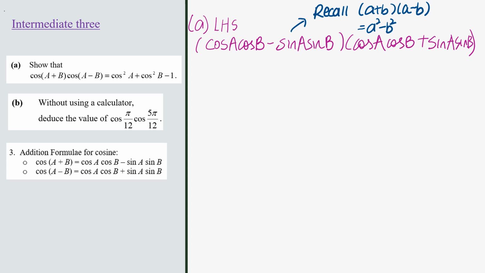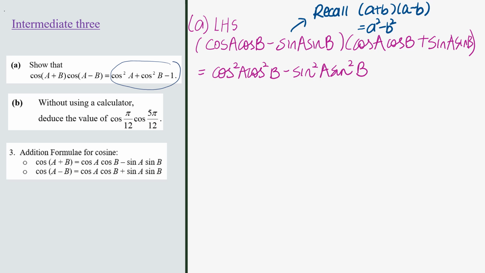So from here, what you'll be getting will be cos squared A cos squared B minus sin squared A sin squared B. Alright, so it's very important that for proving or showing, we must have an idea of what we are getting at in the end. And if you look at what we're supposed to get in the end, it has just the trigo functions, cosine functions.